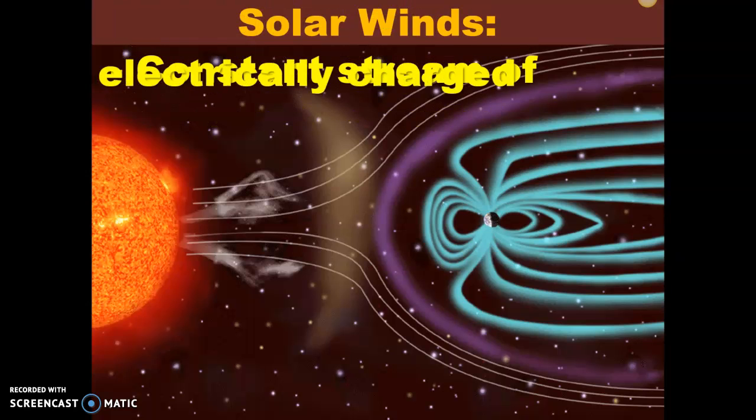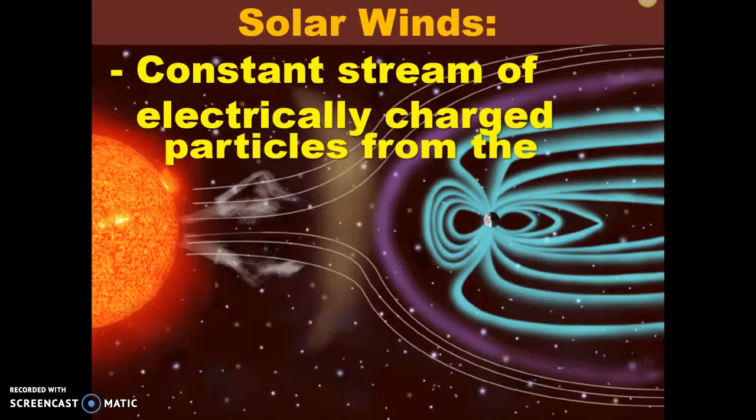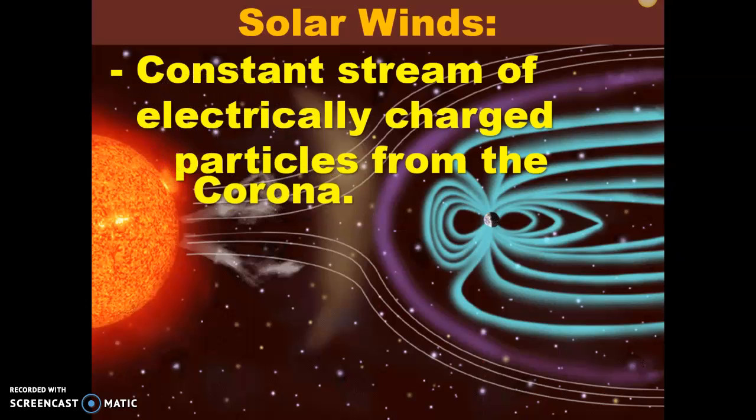So solar winds are a constant stream of electrically charged particles flowing from the sun. From the corona of the sun, to be more exact.